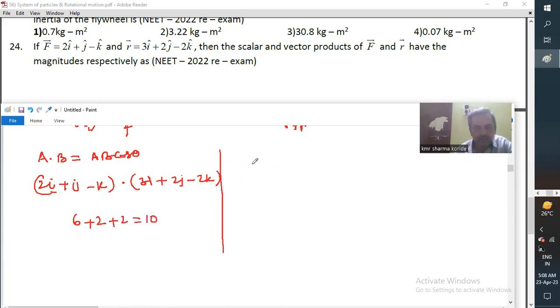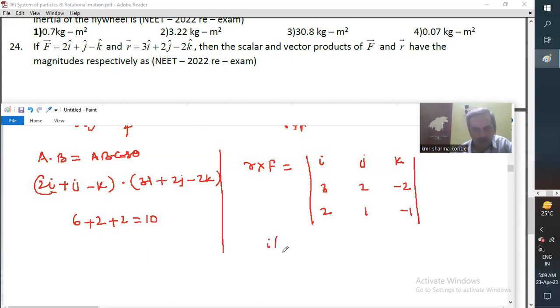Now moving to the cross product. The process of the cross product is R cross F. We first get the answer in the form of a vector with i, j, k. R is 3, 2, minus 2 and this is 2, 1, minus 1.